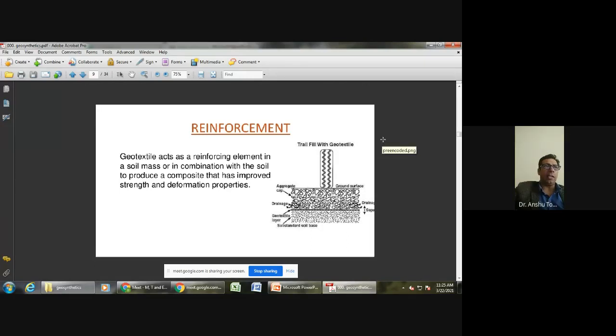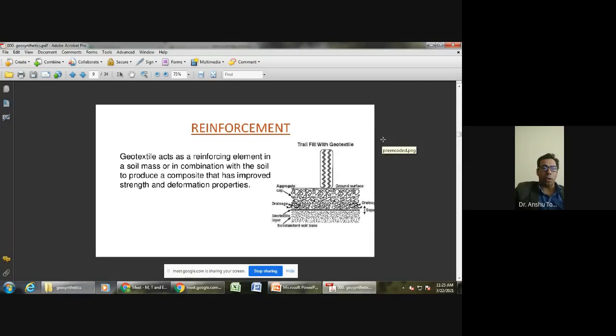Geotextile acts as a reinforcing element in a soil mass or in combination with the soil to produce a composite that has improved strength and deformation properties. So it is being used along with soil and sometimes it is being used with lime. Lime, you would have heard, is chuna.